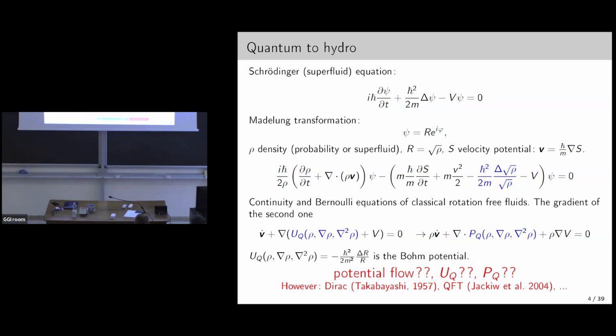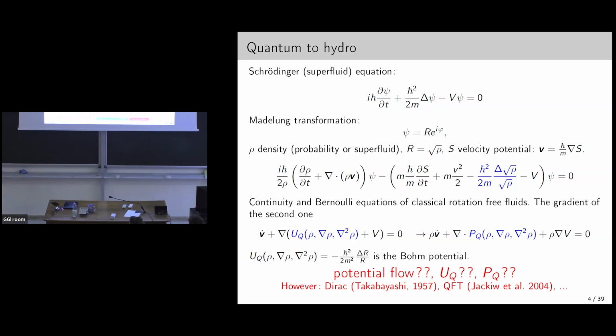Of course, this is somehow mysterious. Whether it is really quantum mechanics or not is very much discussed. However, it is important to know that transforming a Schrödinger-like equation to fluid form is the basis of understanding quantum fluids.